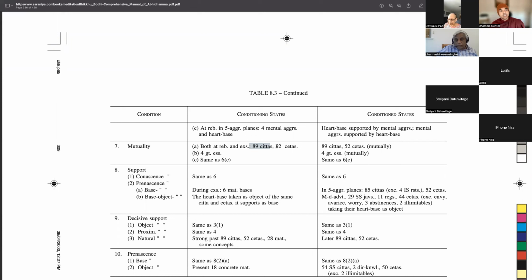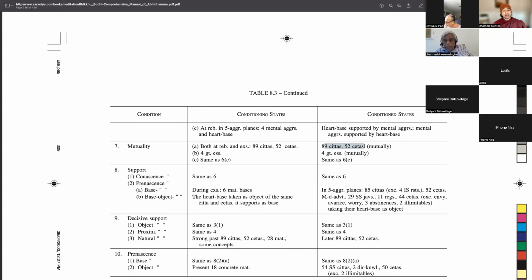So association here works how? It arises with the common object, having a common base.